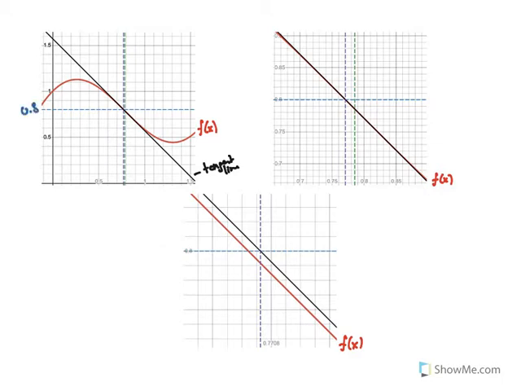This was our 0.8. We're trying to find out when does that function cross the value at 0.8. And we have these two values, which are pi over 4 and our solution, pi over 2 minus 0.8.